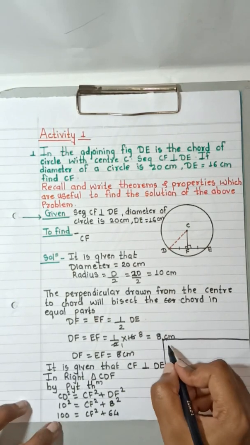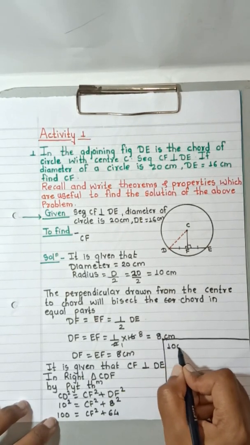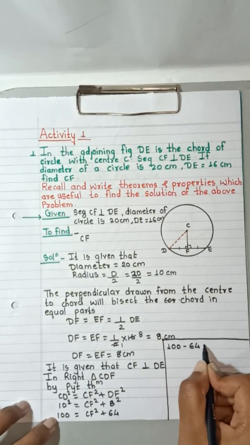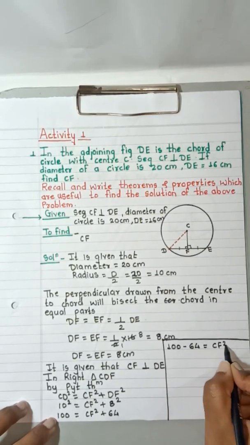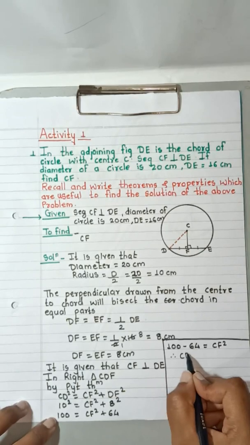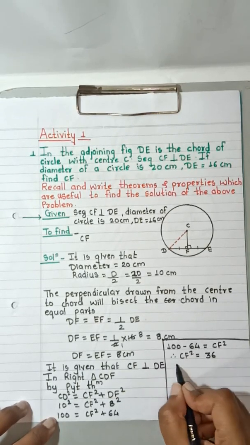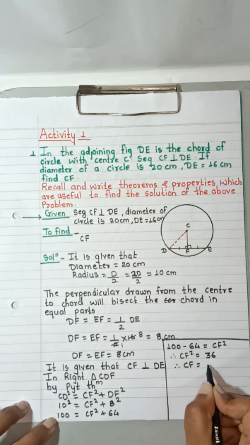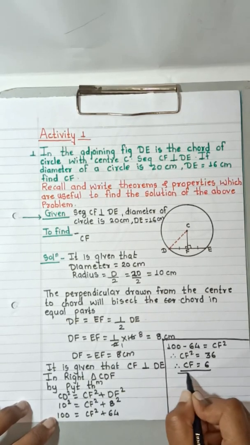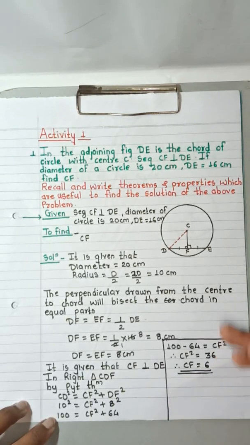Now children, this 100 minus 64 is equal to CF square. Therefore CF square is equal to 36. Therefore you can say that CF is equal to 6. So in this way we have found out the value of CF, that is 6.